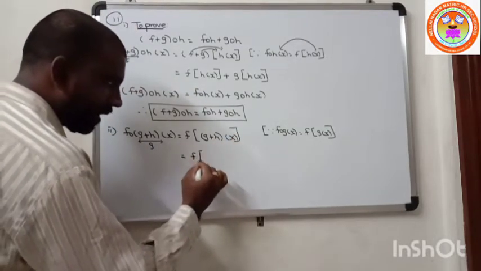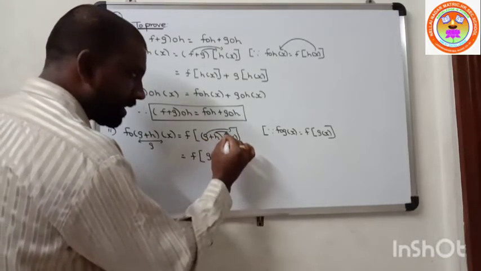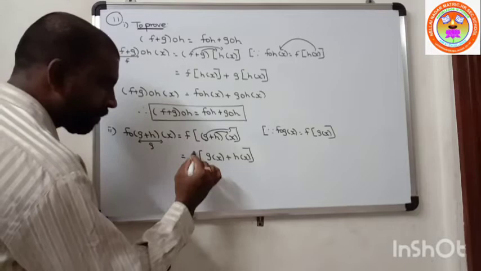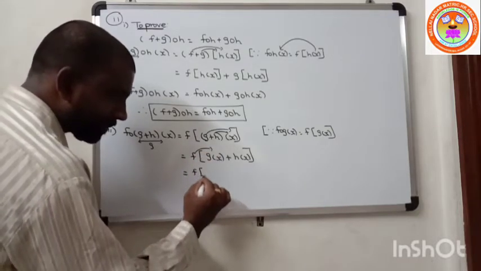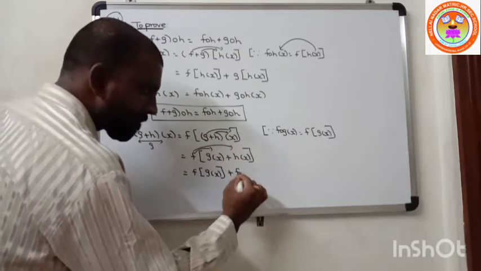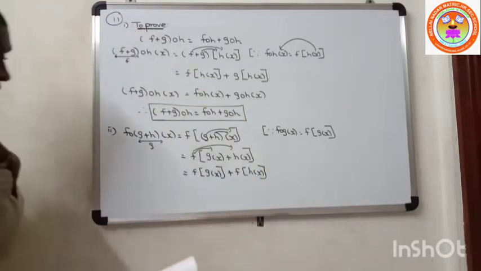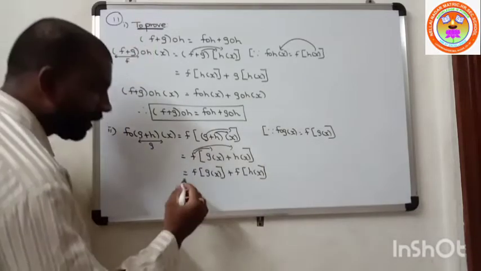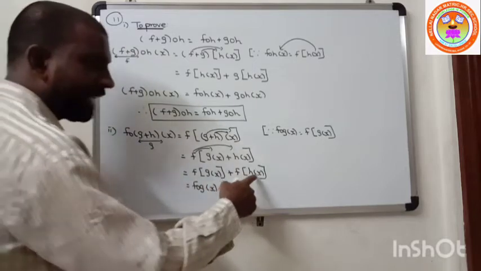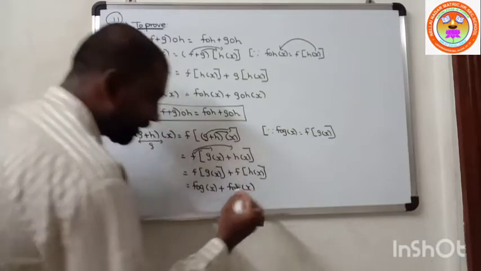So f of g into x, g of x, h into x, h of x. So f into g of x plus f into h of x. f into g of x equal to f composite g of x. f into h of x equal to f composite h of x.